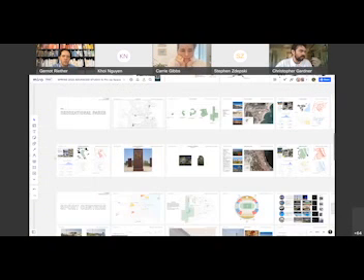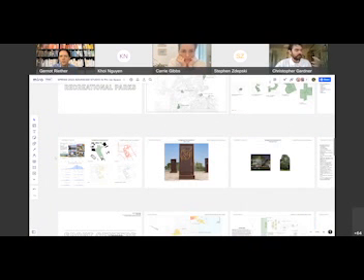Because we obviously couldn't go to Doha, we utilized things like Google Maps and Instagram and various other ways of learning about these spaces that is a little bit atypical.